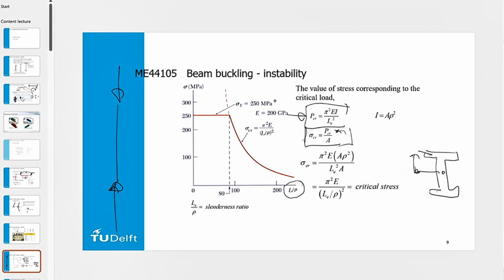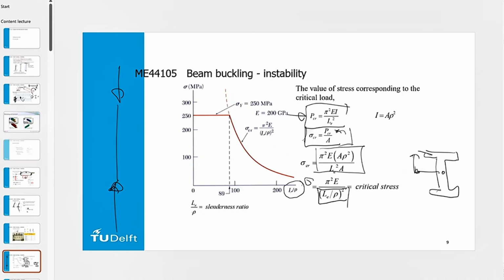If we take that into account in the original formula, you can rewrite it like this, and then you see that the Euler buckling stress, so that is the stress equivalent to the Euler buckling load, has this formulation in here.